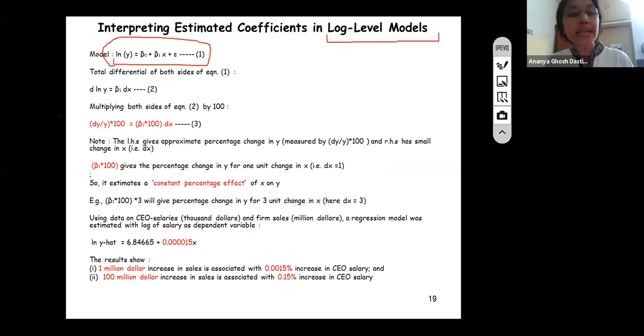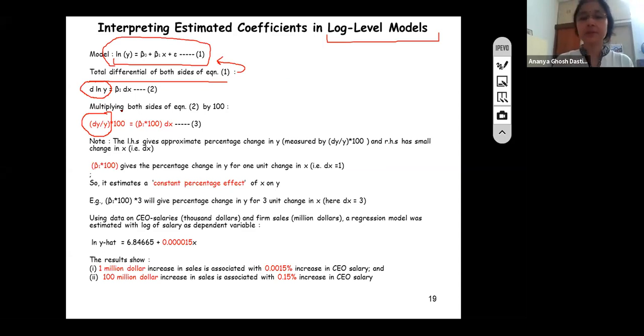You will actually take total differential of both sides of this particular equation. Once you do that, basic calculus tells you that the differential of log y, because now our dependent variable is log y, is 1 upon y. So on the left hand side, we will get dy upon y, and on the right hand side, we simply get beta 1 into dx.